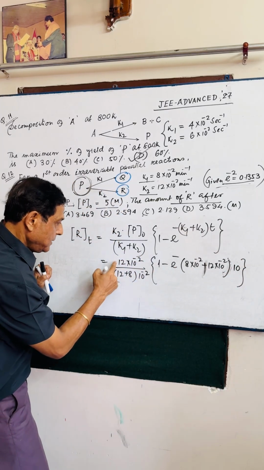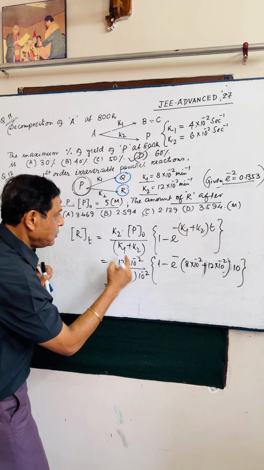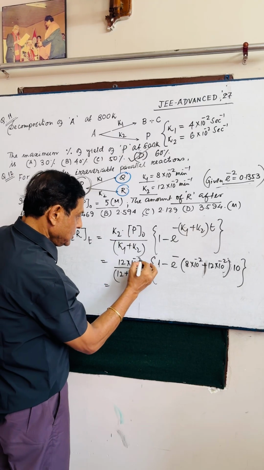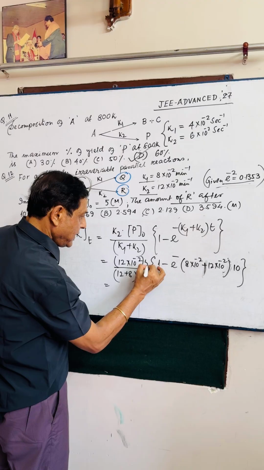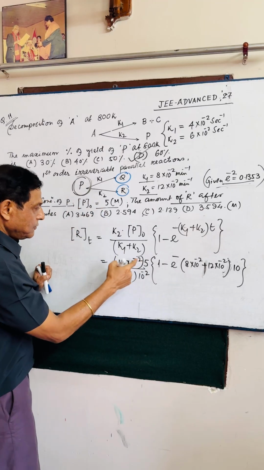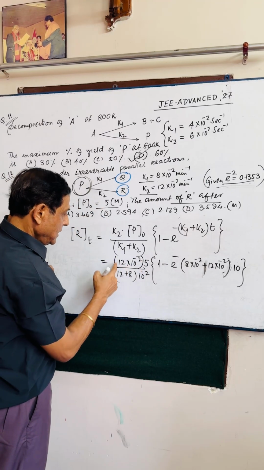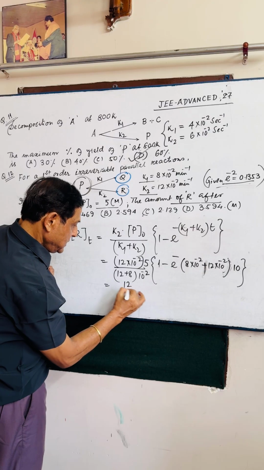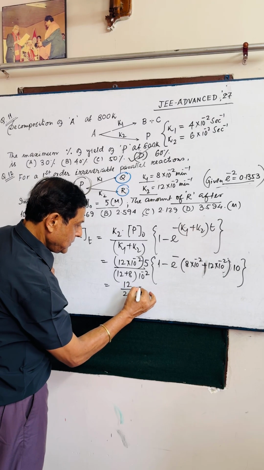That is 12 by 20. Oh sorry, here the concentration of P naught is also given. Concentration of P naught is 5 molar. So 5 into 12 by 20.